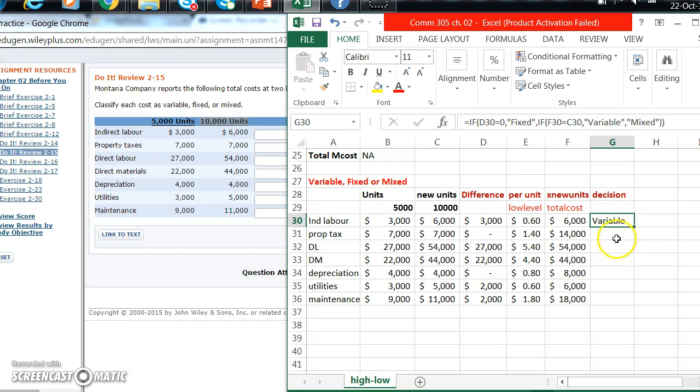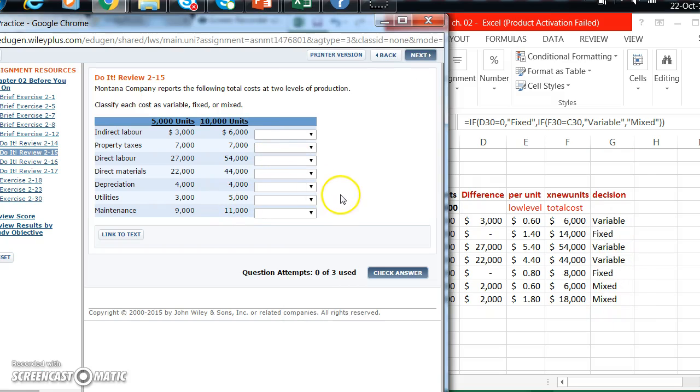Your decision is done. Here we have variable, and if we scroll down, then we have variable, mixed, all that. Once we get the answers, we can go to our exercise and just plug in what we already found, the answers.